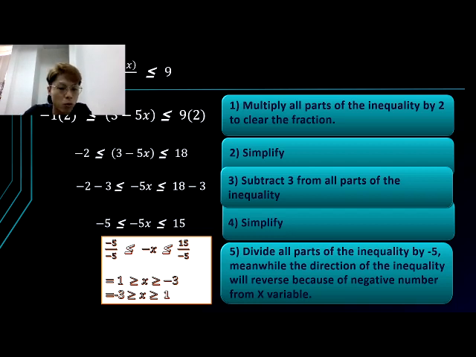So it becomes 1 ≥ x ≥ -3. Because it's a -x, to change it into positive we have to reverse the inequality signs. So it's basically just like this.